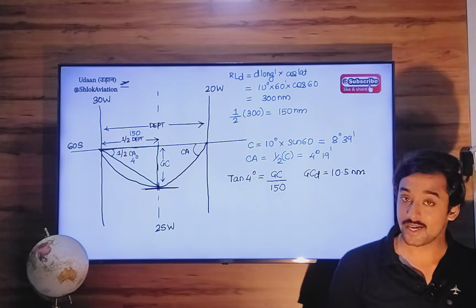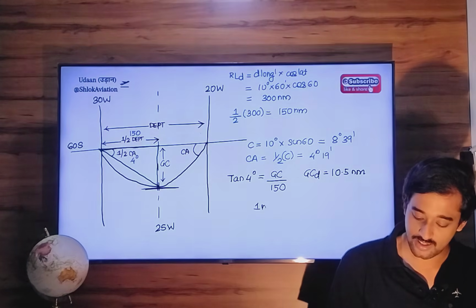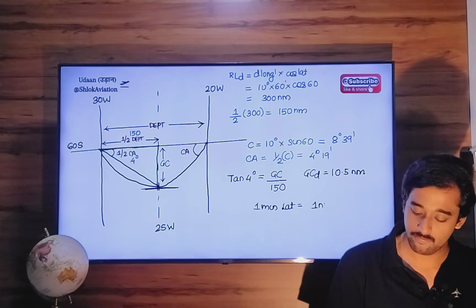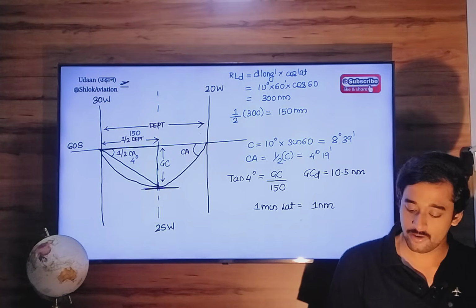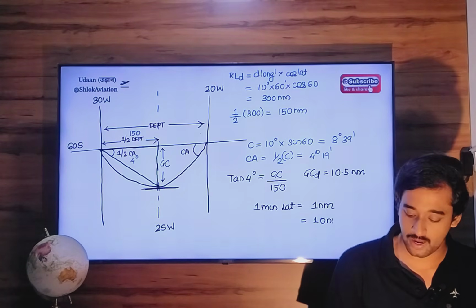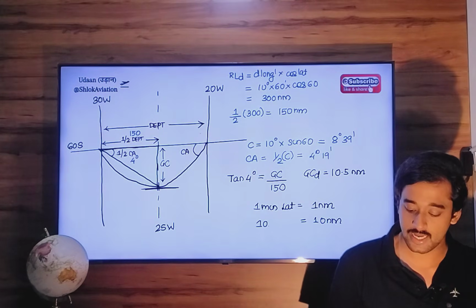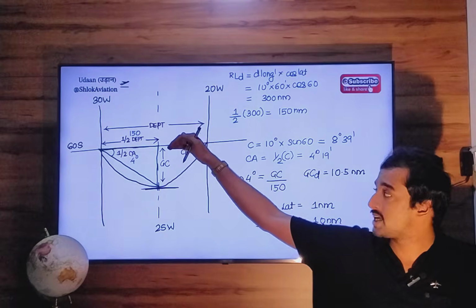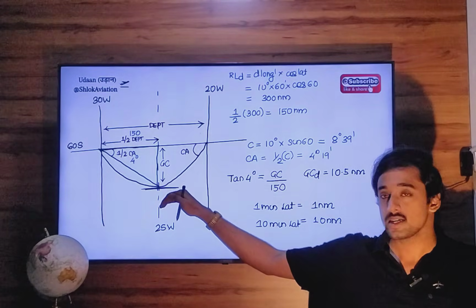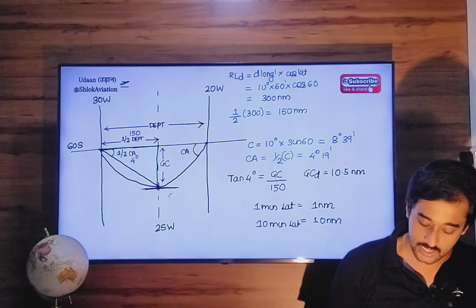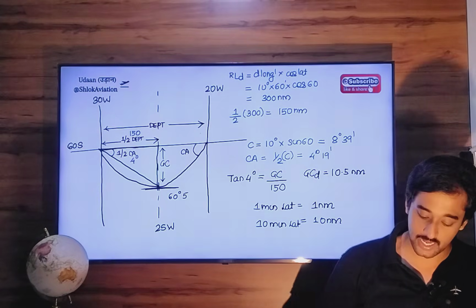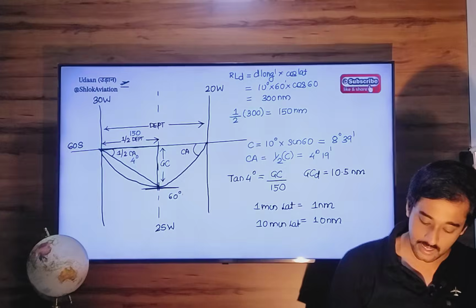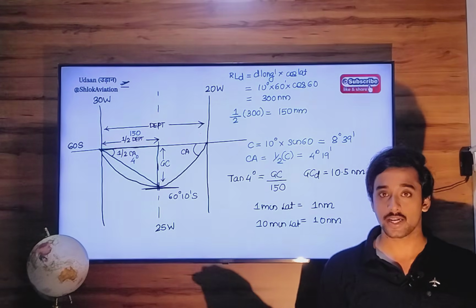Now we all know that 1 minute of latitude equals 1 nautical mile. So 10.5 nautical miles will be approximately 10 minutes of latitude. So this is 60 degrees south latitude. This will be 60 degrees 10 minutes south latitude.